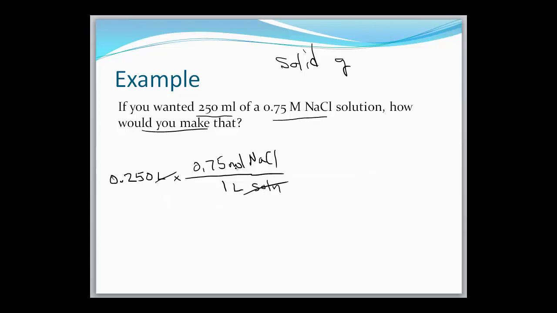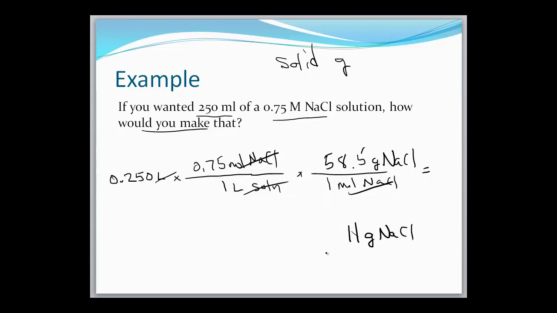Our liters cancel and we have moles of NaCl, and now we want to convert to grams of NaCl, so 58.5, that's the molar mass. So our moles cancel, we'll be left with grams, and we get 10.9, let's just say 11 grams of NaCl. So we would take 11 grams of NaCl, we would put it in a beaker with 250 milliliters of solvent to give us that solution.